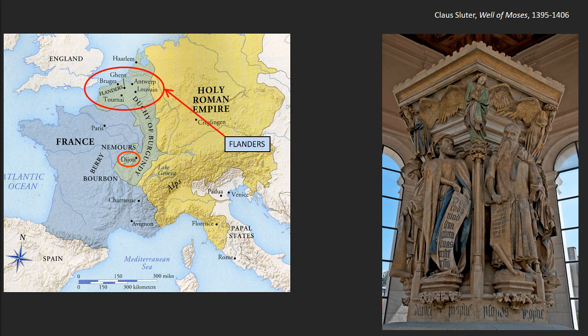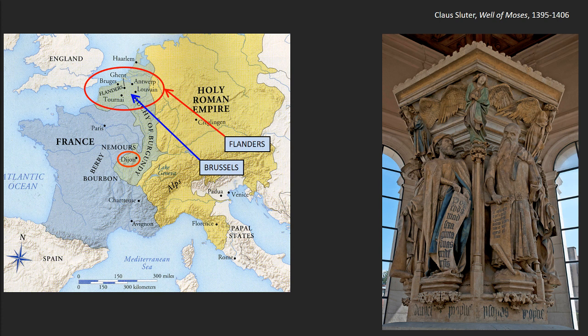They've tried to become independent, but it's never really gone anywhere. But Flanders is, at this point, a lot of the northern part of Belgium. And Klaus Sluter came from exactly this region. He came from the city of Brussels, which is smack dab in the middle of the old county of Flanders, right? And we know this.